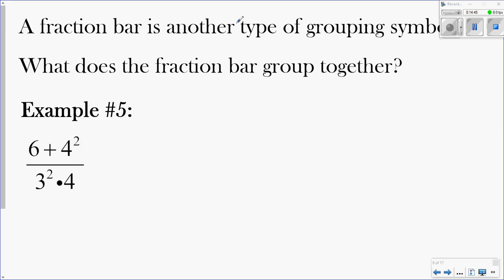So a fraction bar is another type of grouping symbol. What does the fraction bar group together? So basically, it groups the numerator and denominator. That's what it's grouping together.